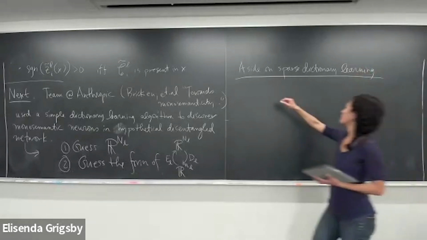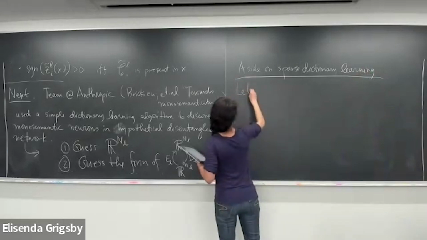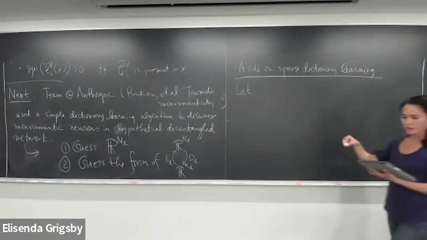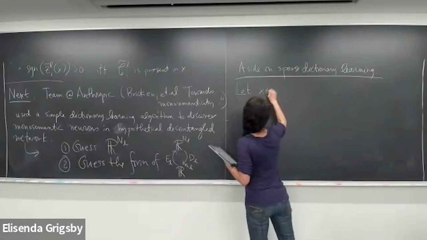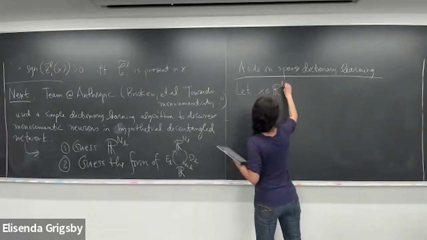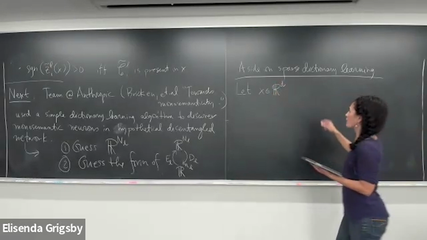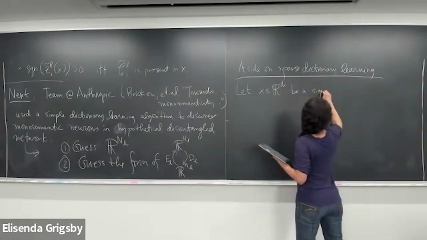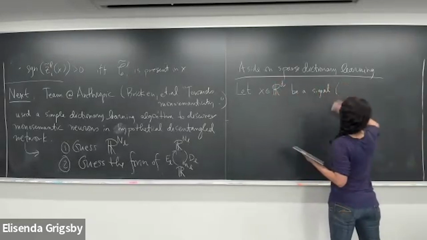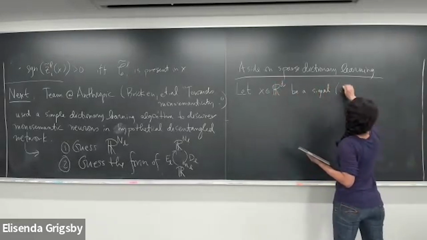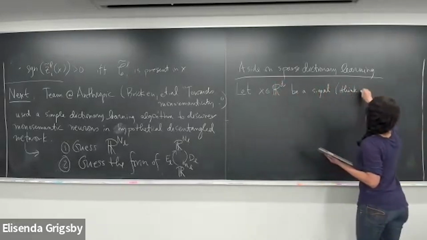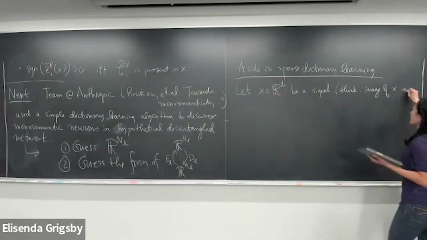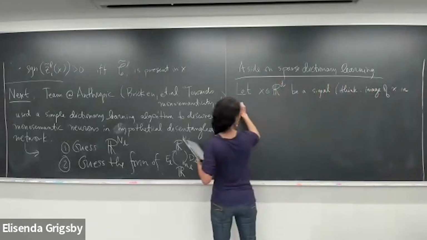So here's the basic setup for dictionary learning. Let X be a vector in some space. Usually they call it a signal, but you should really think of this as being the image of a data point in some layer of a model.